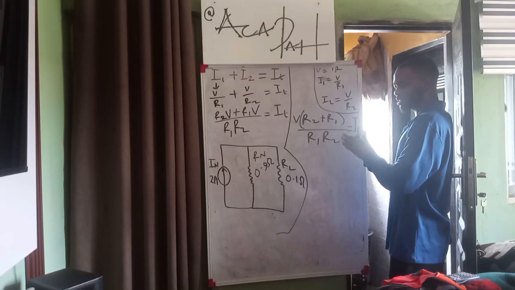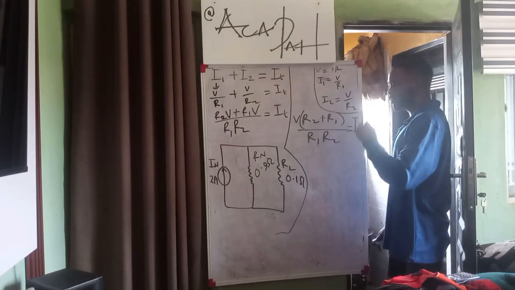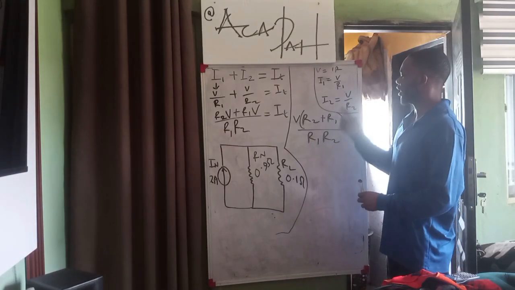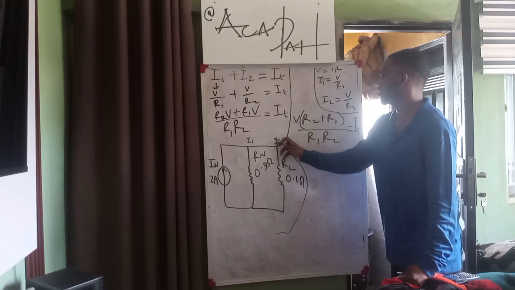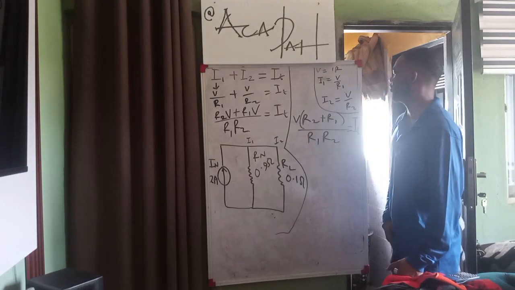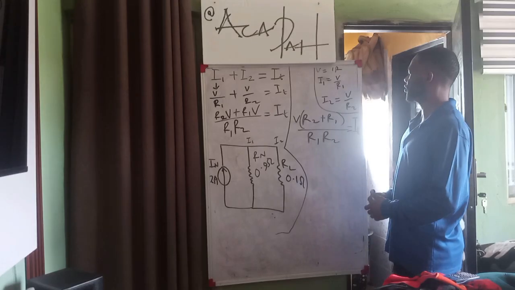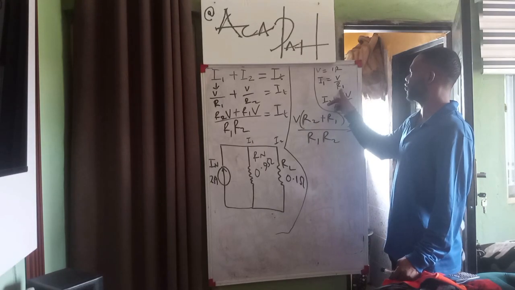But if I am asked, like the question said, to find the current in Norton's resistor, that is where I need to remember that I can call this one current 1, call this one current 2. Know that. So if that be the case, I will now say, okay, let's make V subject of the formula, because I1 is having V over R1.